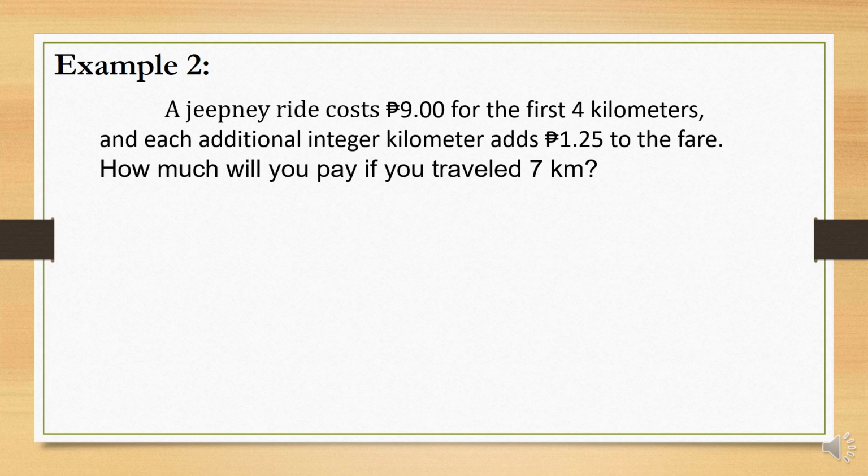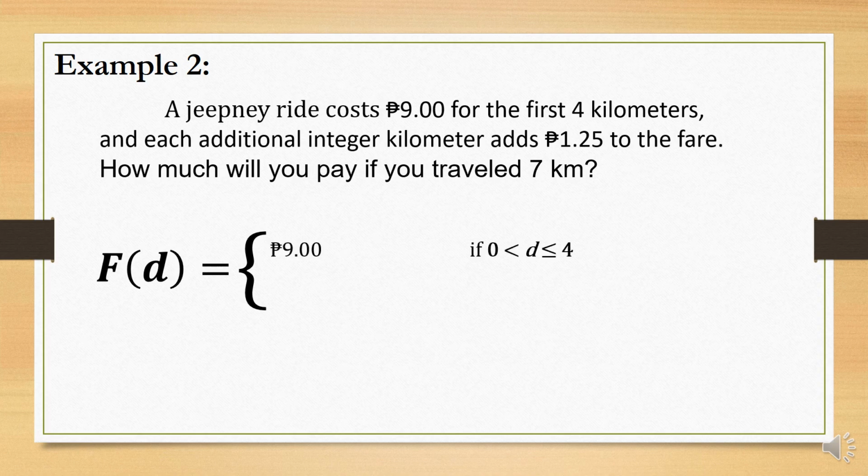Now, to represent this problem, we will use f of d. It means the jeepney fare with respect to the distance it traveled. Now, since we have 2 sub-functions in this given problem, the first sub-function is 9 pesos. We can only apply this first sub-function if the domain is 0 less than d less than or equal to 4.